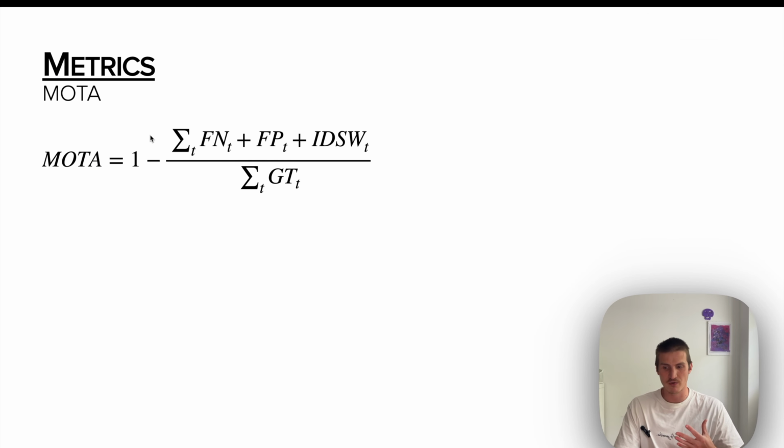Oh yeah, and I forgot to show this. This is the actual definition of MOTA metric. So it's 1 minus sum over all the time frames of false negatives, false positives, plus identity switches, divided by the number of ground truth objects.